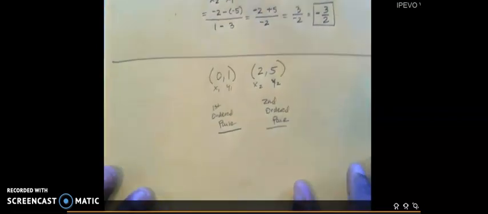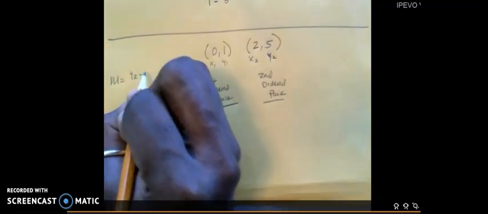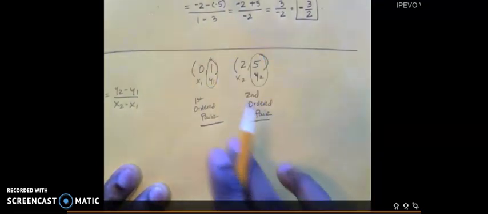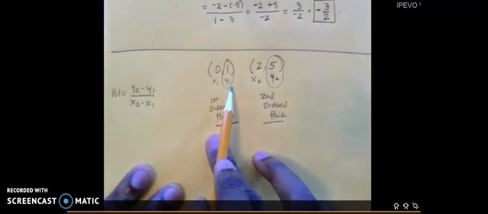So what I want to do is set up my slope problem again. That's m is equal to y2 minus y1 over x2 minus x1. I've taken the liberty of also labeling everything. I know that I'm going to be dealing with my y's first, so I'm going to circle those: y2 and y1, two different ordered pairs.